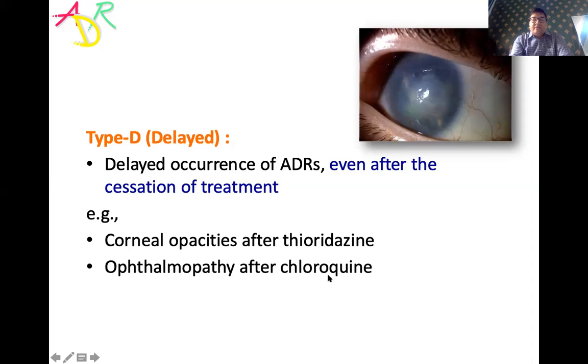For example, when we take chloroquine and later on develop ophthalmopathy, or corneal opacities with the use of the antipsychotic thioridazine. So these types of ADR are known as type D ADRs.